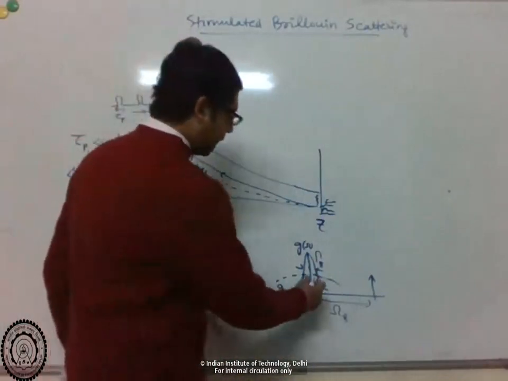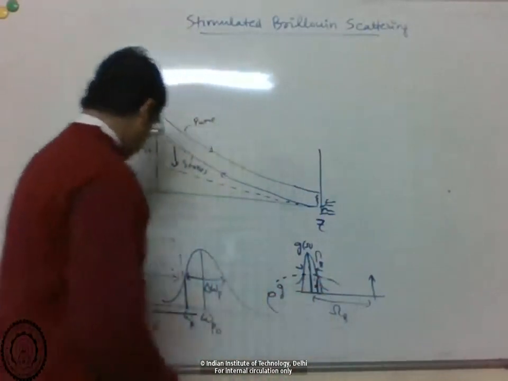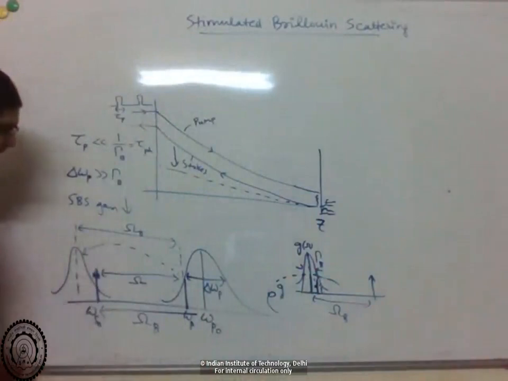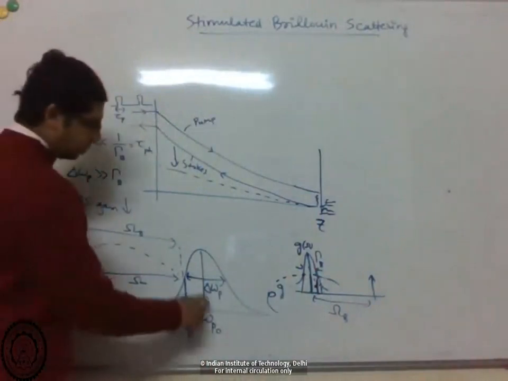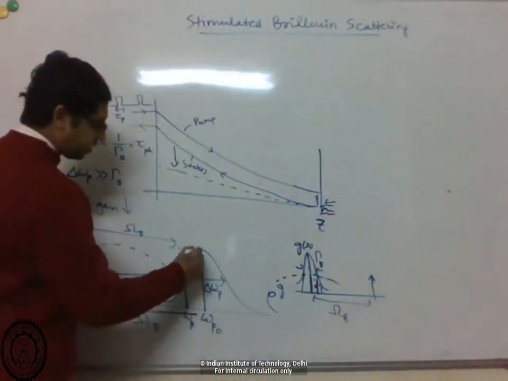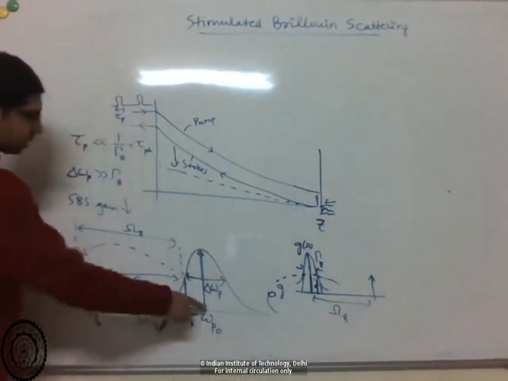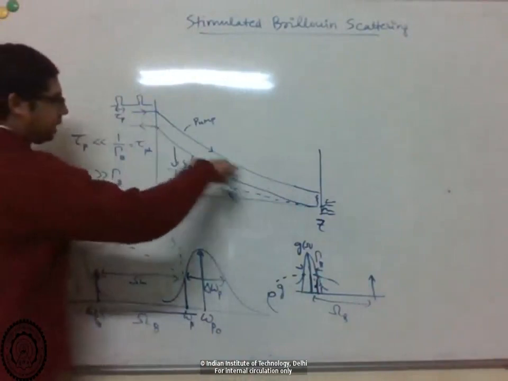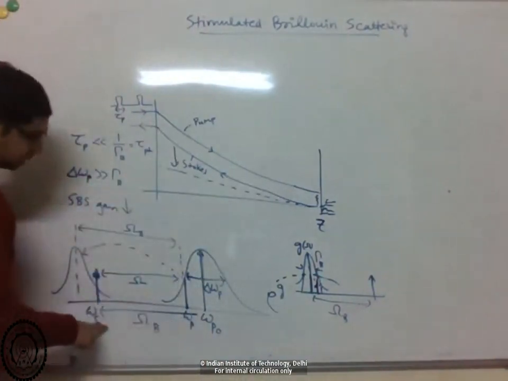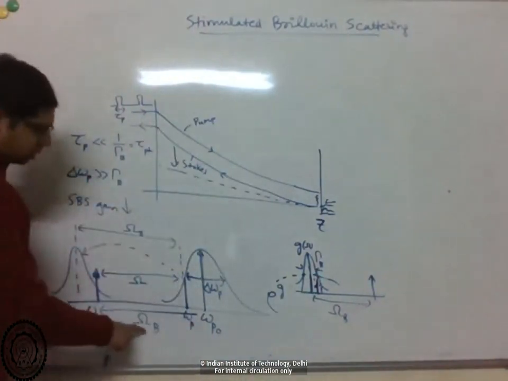If I'm looking at a particular frequency, here I'm looking at omega s naught. Omega p naught is my pump center frequency, and if it were monochromatic, then the frequency which will build up is omega s naught, which is exactly downshifted by omega b.